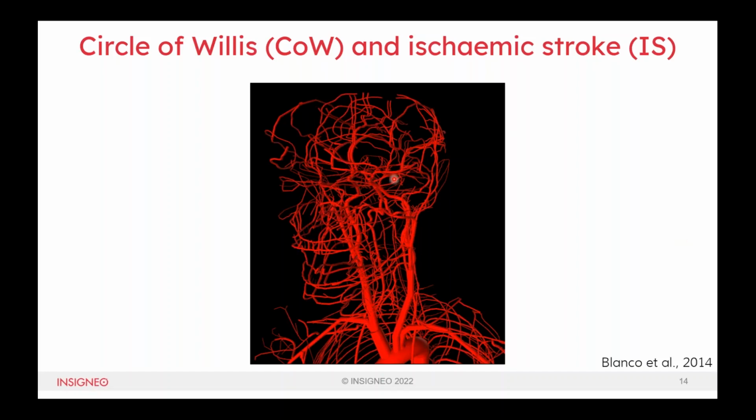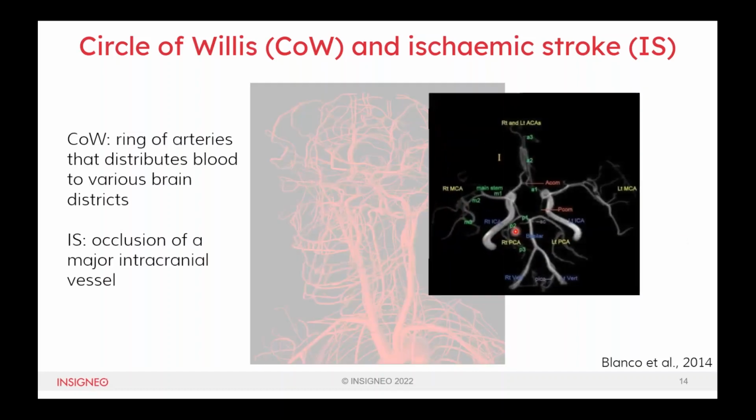But amongst all these vessels, a structure of particular interest is the circle of Willis, which is a ring of vessels just at the center of the brain, which has the responsibility of distributing blood to various parts of the brain, and it also provides alternative paths for the blood in case a vessel of the circle of Willis itself is occluded.